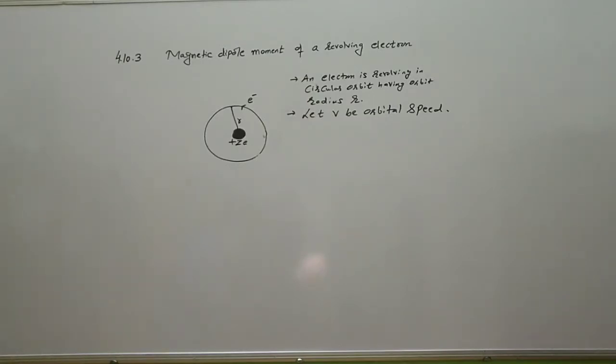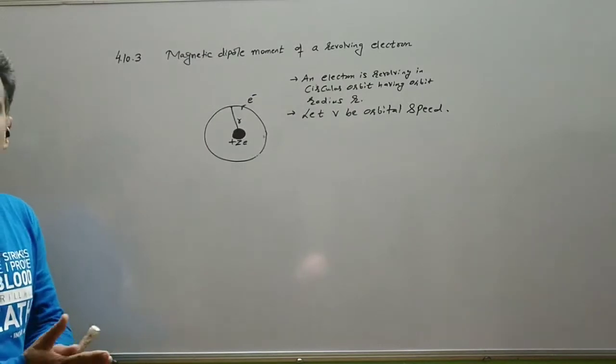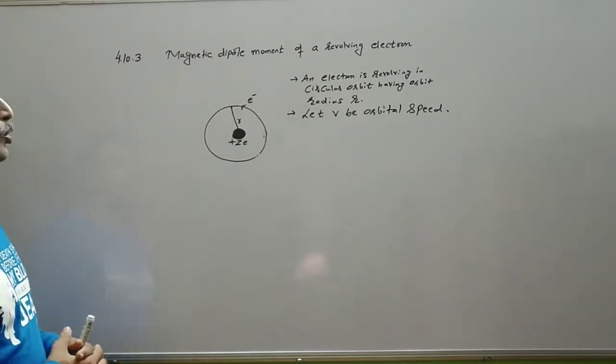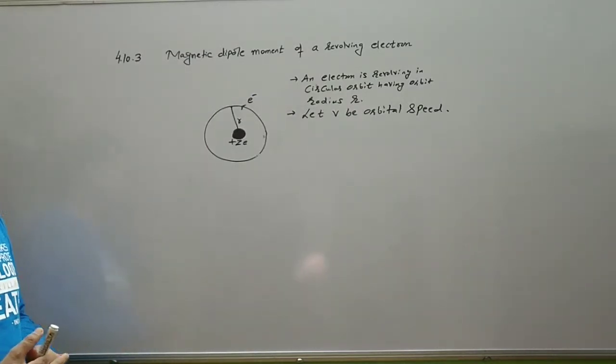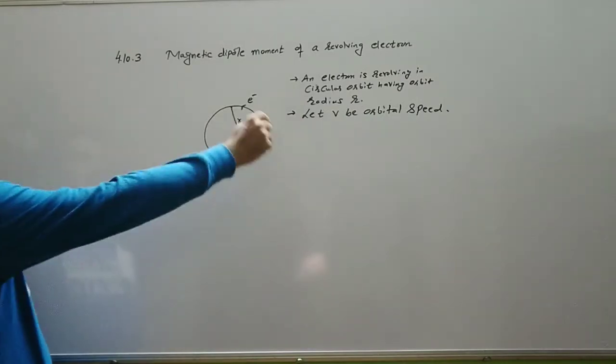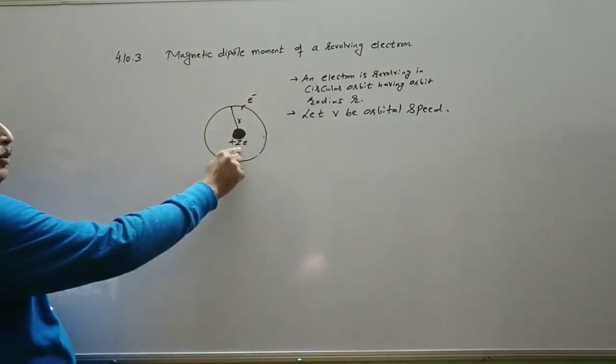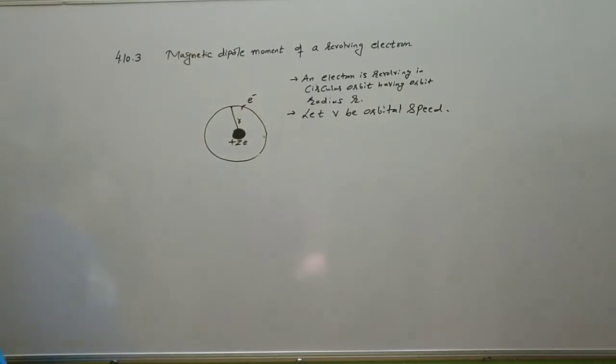When we consider that planets are revolving around the sun, we have a gravitational force of attraction between the sun and all planets. Similarly, there is an electrostatic force of attraction between the positively charged nucleus and an electron revolving around it.